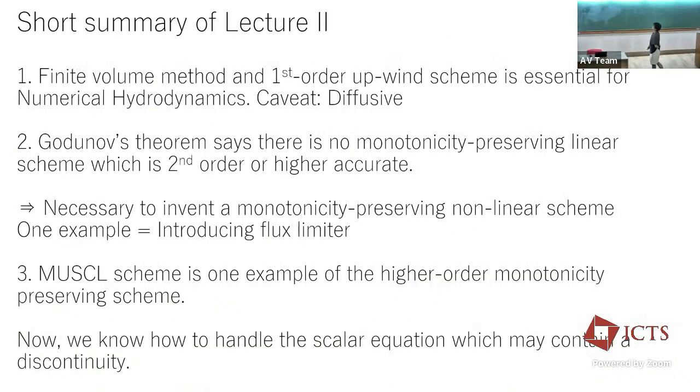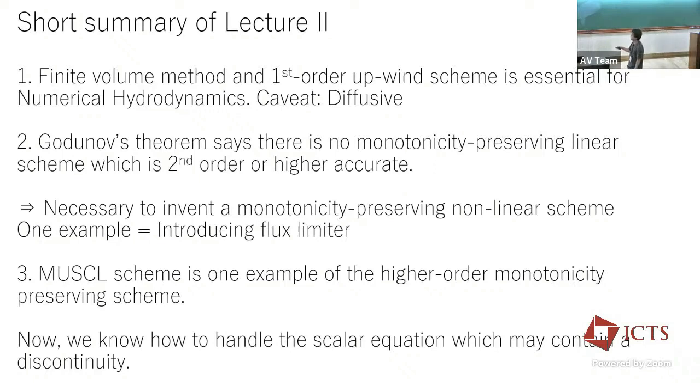So the short summary of lecture 2: the finite volume method and the first order upwind scheme are essential for numerical hydrodynamics. But the caveat is that the first order upwind scheme is diffusive. Second, Godunov's theorem says that there is no monotonicity preserving linear scheme which is second order or higher order, which means that it is necessary to invent a monotonicity preserving nonlinear scheme.